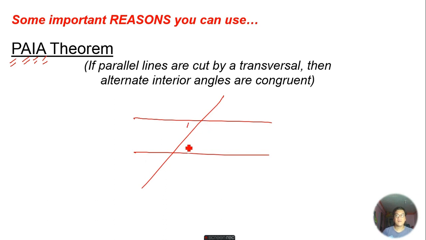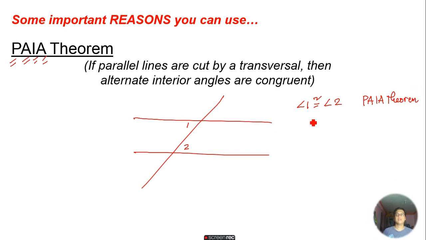So if this is angle 1 and this is angle 2, they are alternate, so angle 1 is congruent to angle 2. They are alternate interior, alternate and located inside. In writing the reason, you can just say PAELLA theorem. As simple as that will do.